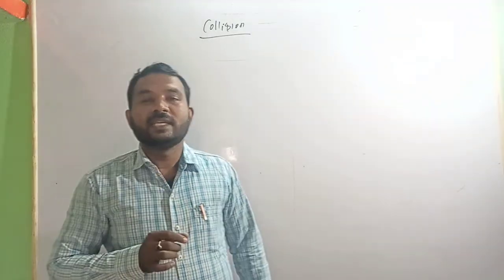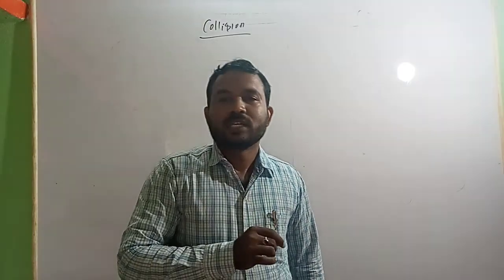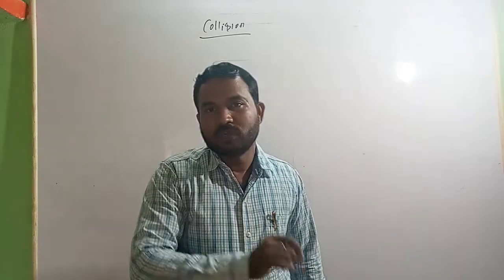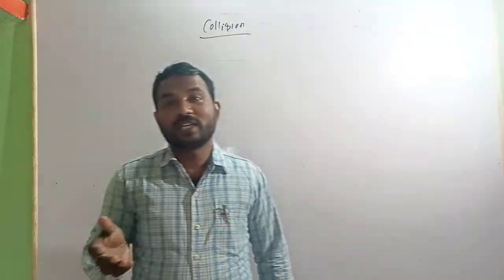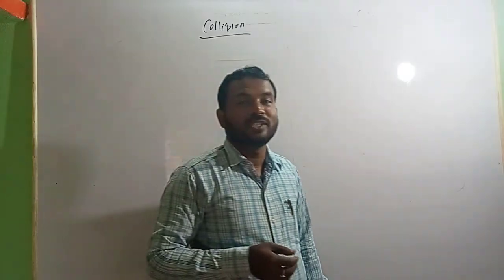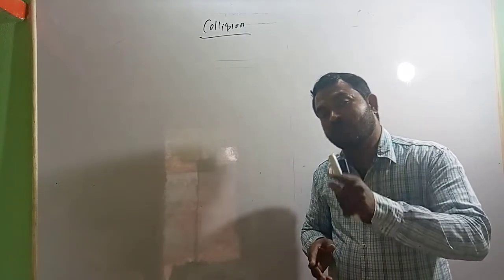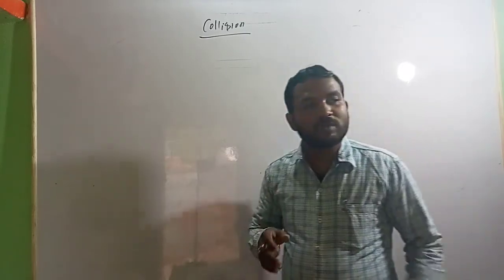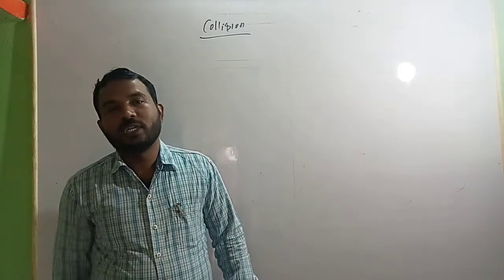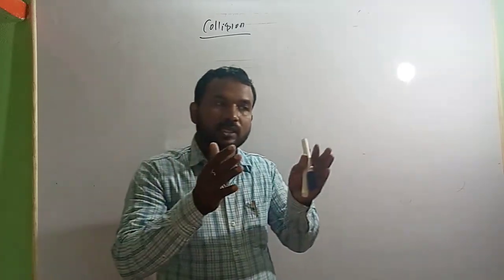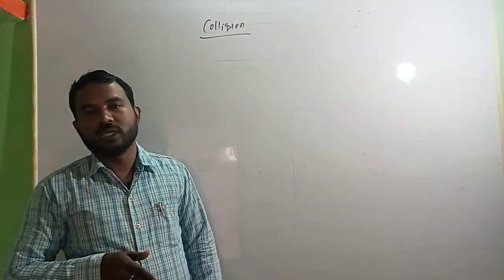But in inelastic collisions, the kinetic energy is not conserved, only momentum is conserved. And third, in perfectly inelastic collisions, momentum is always conserved, but not the kinetic energy. The initial kinetic energy will be more, but after the collision some kinetic energy decreases. Is it clear? So these are the differences that you can get.